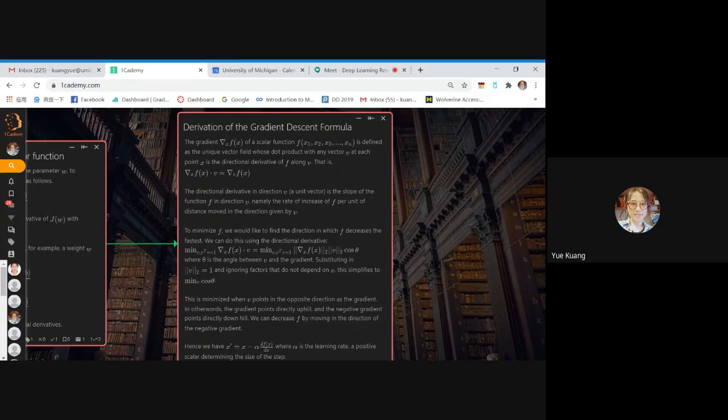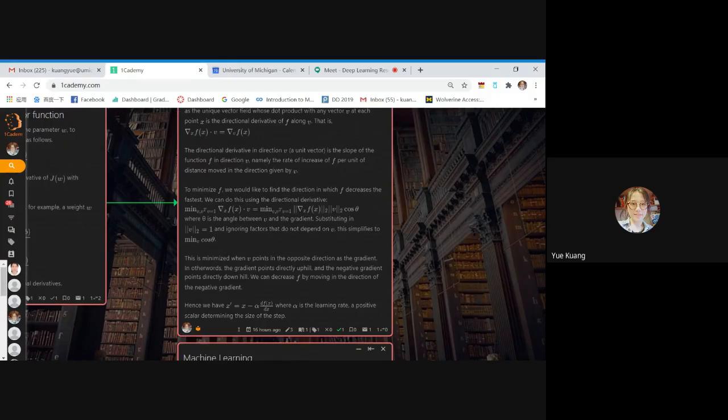Since v is a unit vector, we can substitute that the norm of v is equal to 1. We can also ignore the factor that does not depend on v, namely the norm of the gradient. So this simplifies to: we want to find the vector v that makes cosine theta reach its minimum.